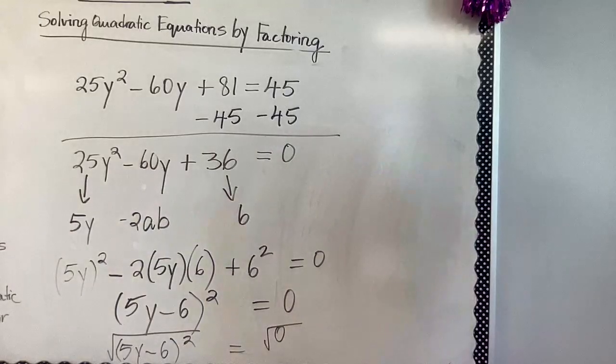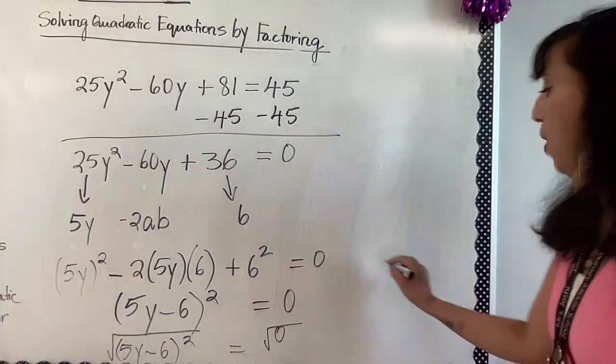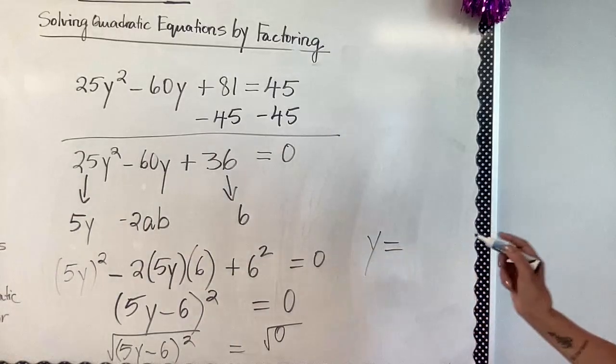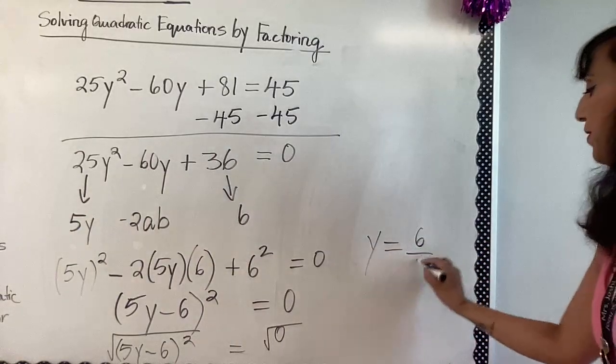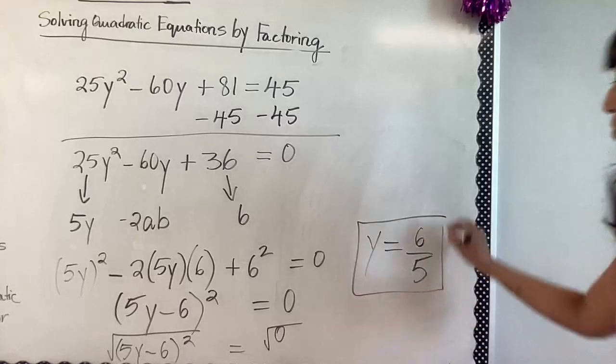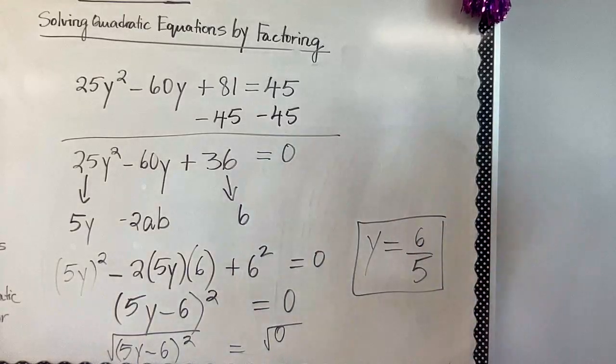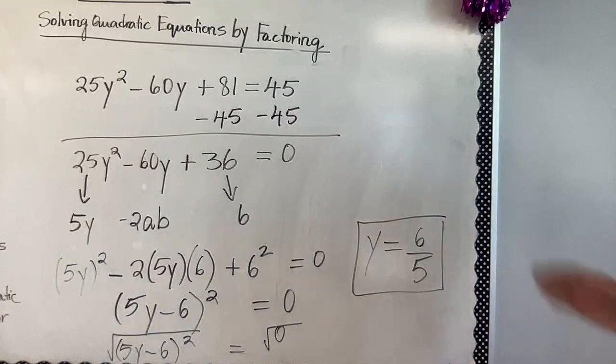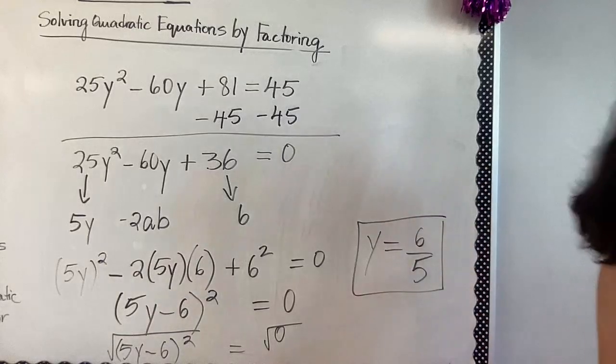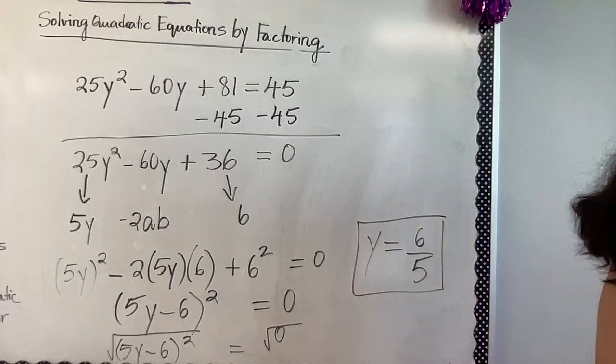And so what am I left with? I'm left with y is equal to 6/5. All right? And you can check this by putting it into the original equation. Okay? So, that's how we solve the perfect squares.